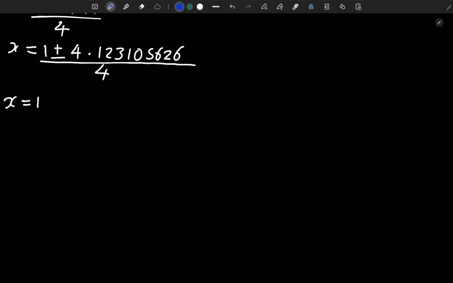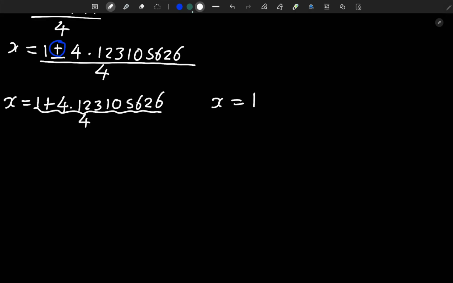The first equation, you get a plus sign, over 4. Then the second equation will be x is equal to 1. This time you get the minus sign, minus 4.